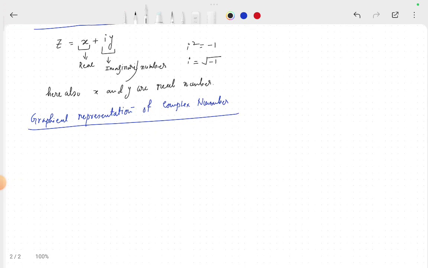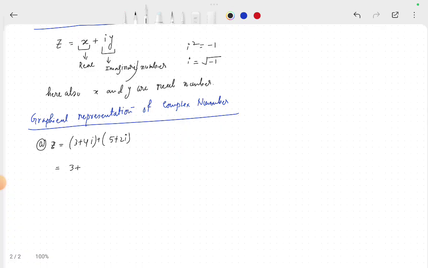Let us take a complex number, that is (3 plus 4i) plus (5 plus 2i). This is a kind of complex number, so I have to simplify this.